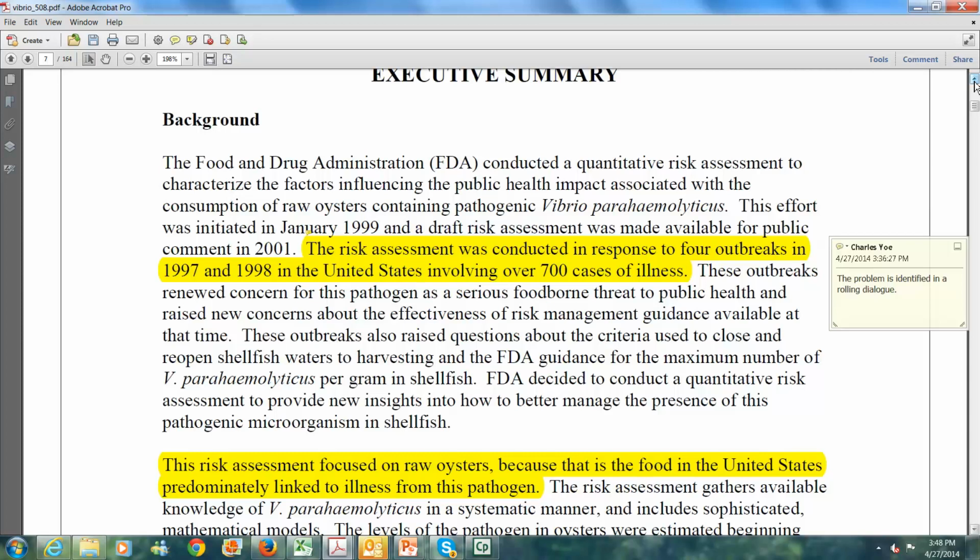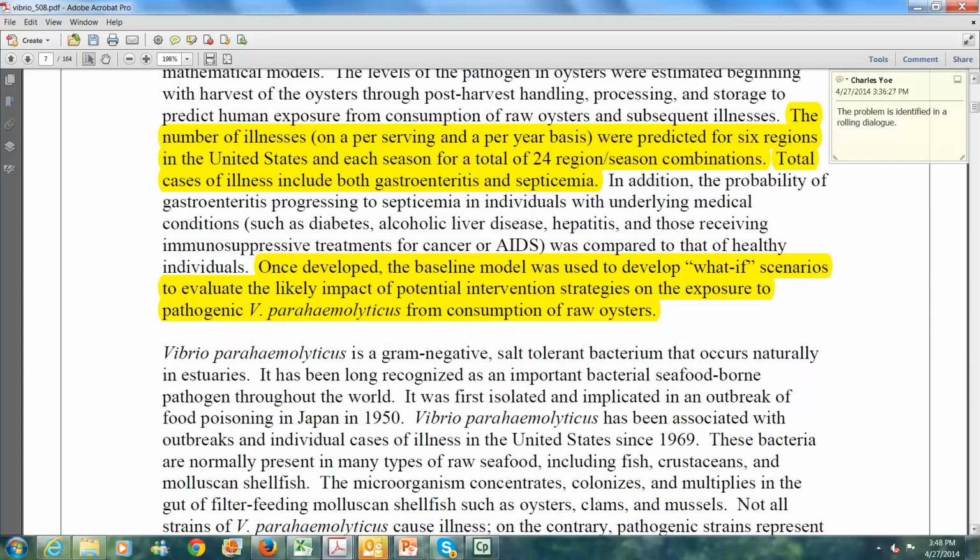So you'll note this was conducted in response to 4 outbreaks in 1997 and 98 in the United States, with over 700 cases of illness from Vibrio parahemolyticus. They focused on raw oysters because that's the food that's primarily linked to this particular pathogen. And then it goes on to describe a little bit more about what was done.